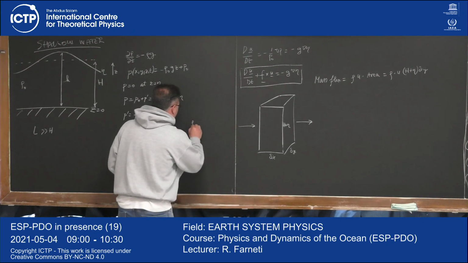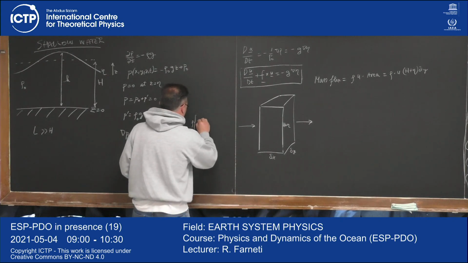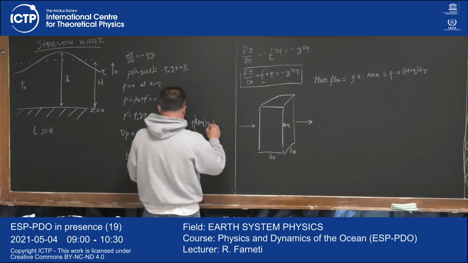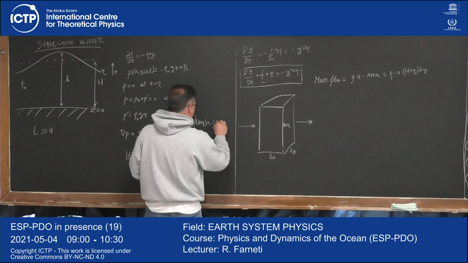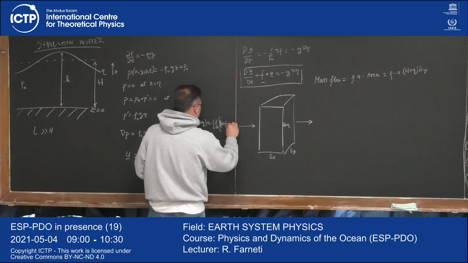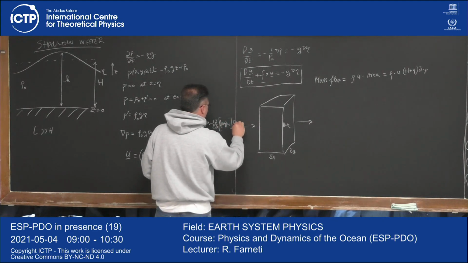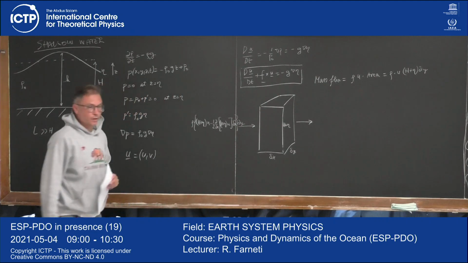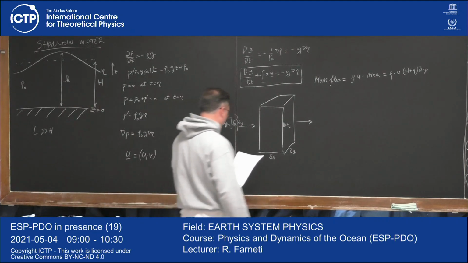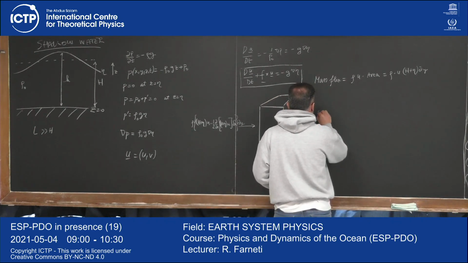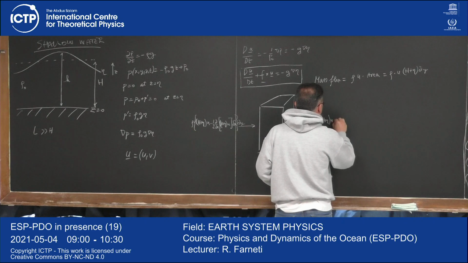So whatever comes in is rho u, minus half, so from the center, h plus eta u dx dy, minus, and what goes out is the same thing, plus.